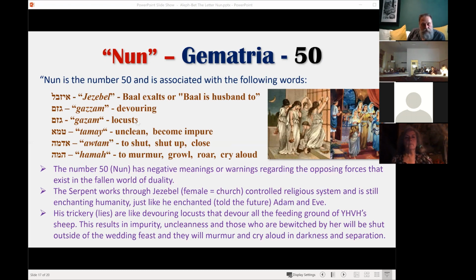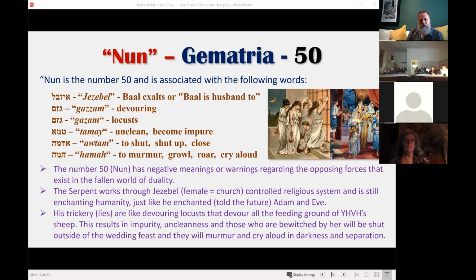And then we have devouring and locusts, which is basically the same Hebrew letters, which is Kazam, and that is where the pastures for the sheep of Yahweh are now being devoured. The pastures for the sheep is the word. So anything opposing the word, which is truth, is a lie.